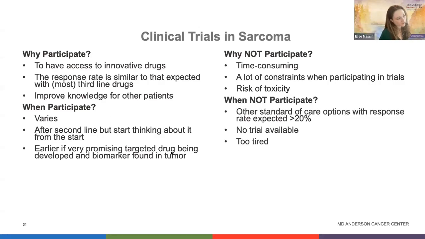So when you should not participate, if you really have a very good standard of care option, usually with a response rate that is expected to be more than 20%, then unless there is a very, very good molecular rationale, probably the standard of care option is good. Of course, if there's no trial available, but today we have so many clinical trials open, some molecular targeted, some that are not molecular targeted if we don't have a target for the genomic alterations identified.